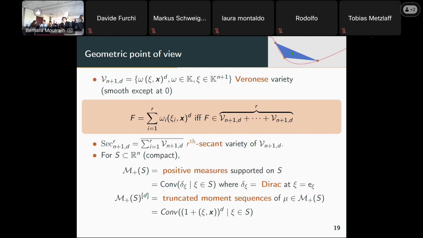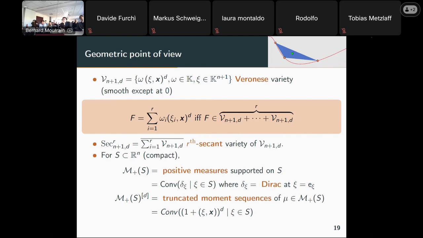From a geometric point of view, the Veronese variety, you have seen it in the talk of Alessandra, called the normal curve when we are on P1. So this is the variety of weight times the power of a linear form.